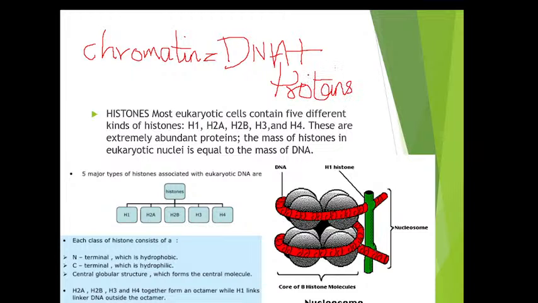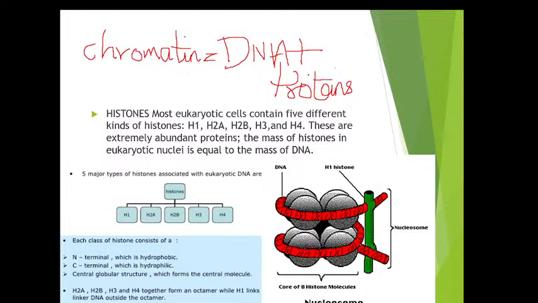Chromatin is DNA plus proteins. So how is this found associated? The proteins found in eukaryotes are called histones, and histones are a peculiarity of the eukaryotic cell.